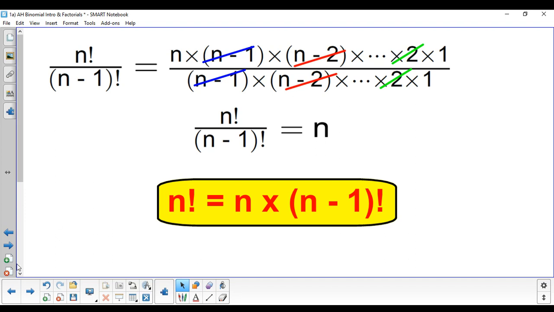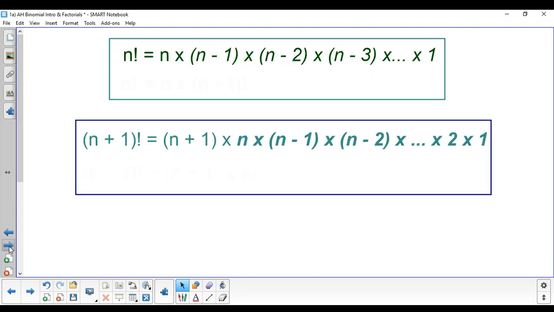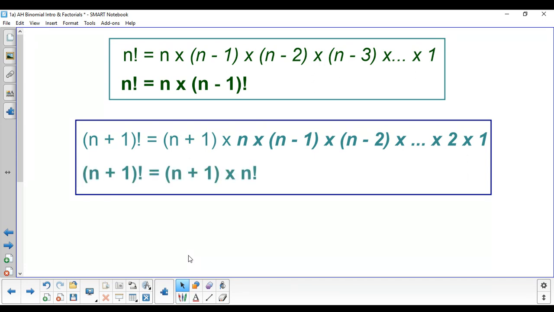So that's a nice rule for you to know. So let's go through this. n factorial is n times n minus 1 factorial, and n plus 1 factorial is n plus 1 times n factorial, and so on.